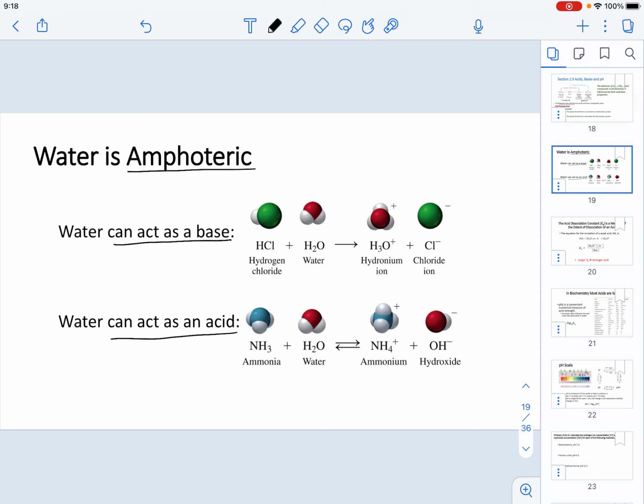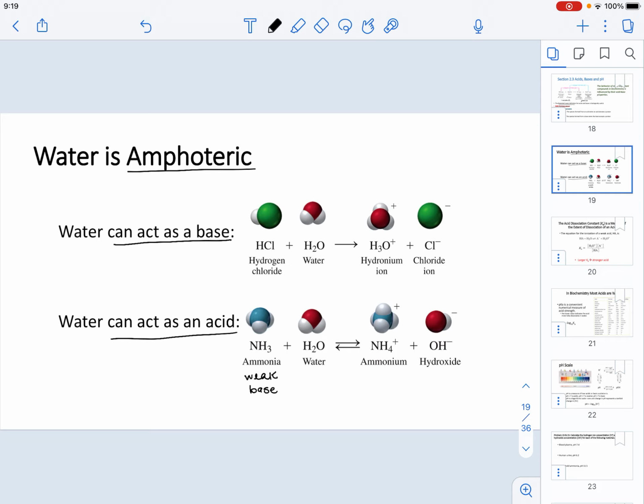So the example when water acts as a base was the one described in the previous slide. But when water acts as an acid, as you can see, specifically in the presence of a weak base like ammonia, it's going to be donating a proton.